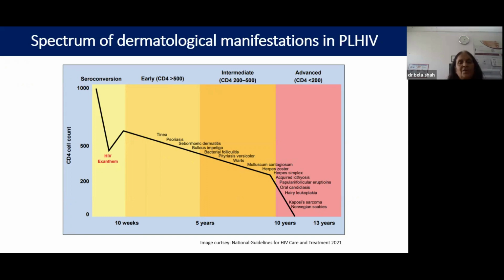When the CD4 count is above 500, patients can have common infections like dermatophytosis, and can also present with inflammatory skin diseases like seborrheic dermatitis, psoriasis, etc. Patients can also have a lot of infections in the form of impetigo, folliculitis, furuncle, and so on.